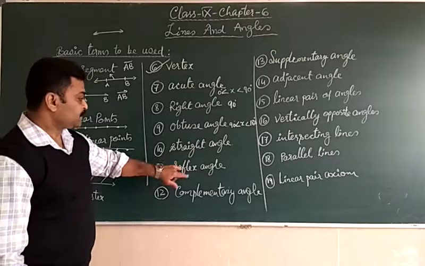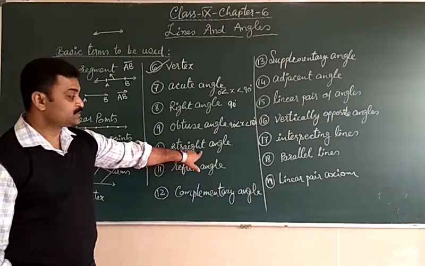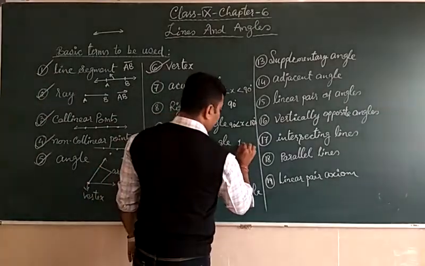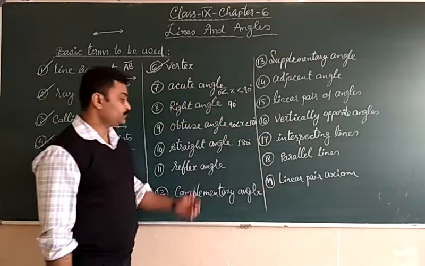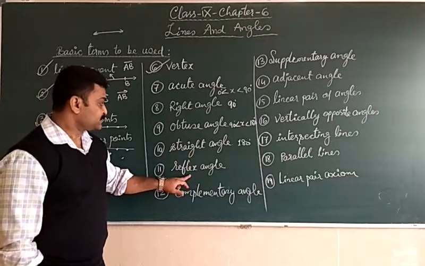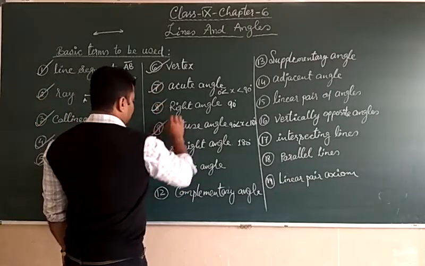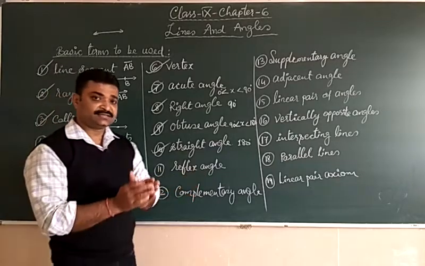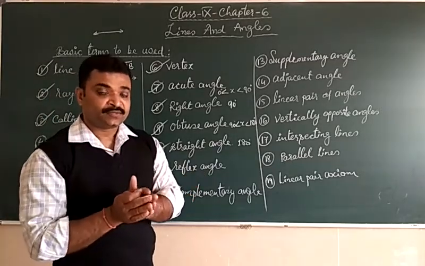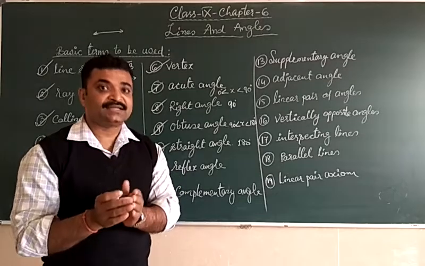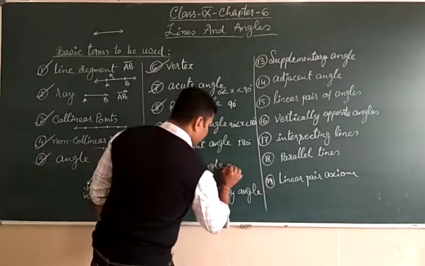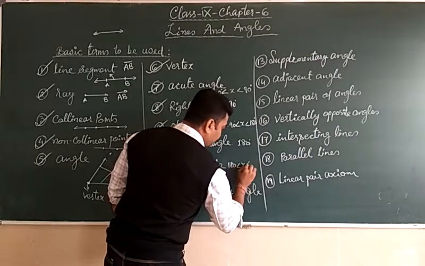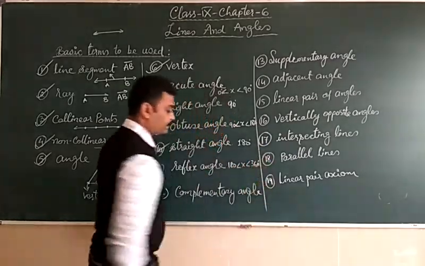Clear? Now next is straight angle. A straight angle is an angle which measures exactly 180 degrees. Next is reflex angle. What is a reflex angle? A reflex angle is an angle which measures more than 180 but less than 360 degrees.